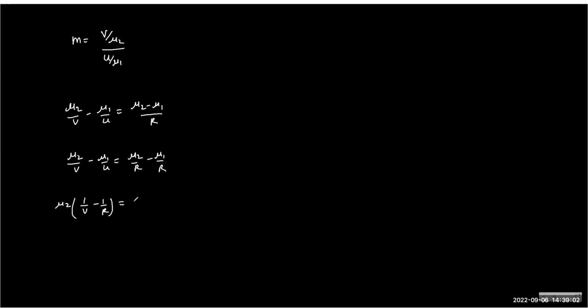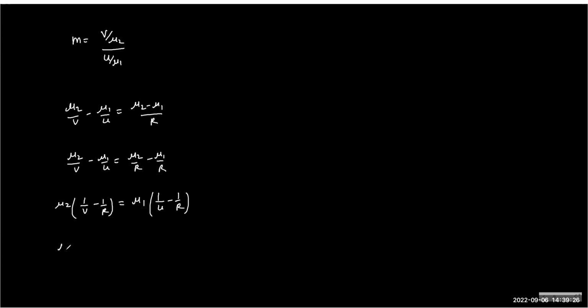is equals to mu1 into, like this. We can write like this. And we can take a 1 by v common from this side.